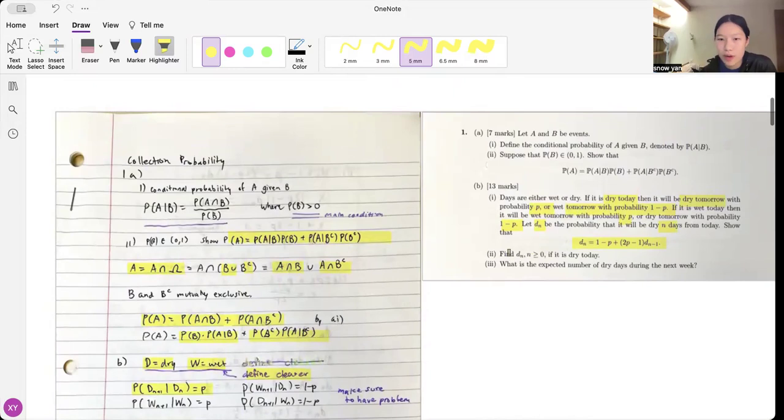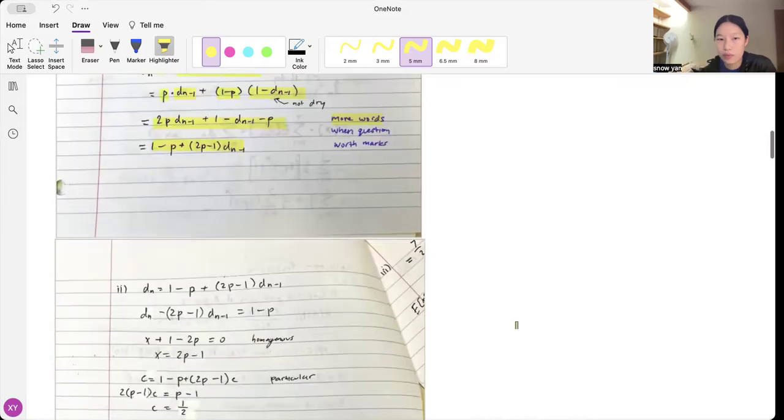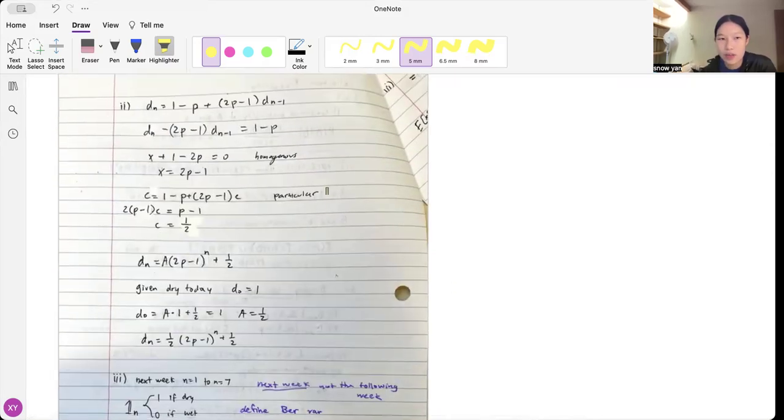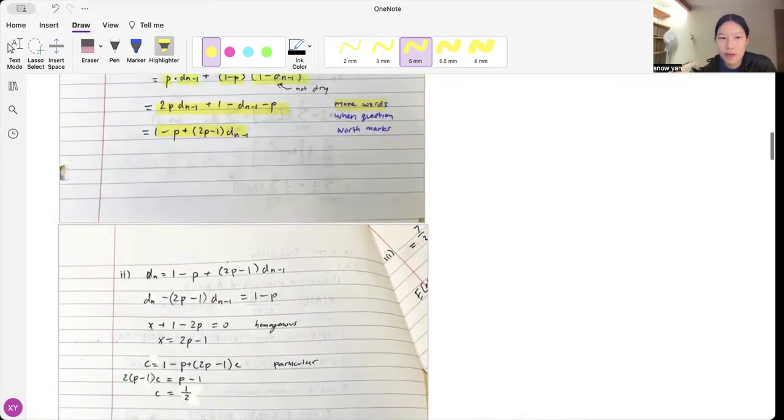Okay, part two. Find D_n where n is greater than or equal to 0 if it is dry today. So if it is dry today, that's what we're given. We have this expression that we got from the earlier part.